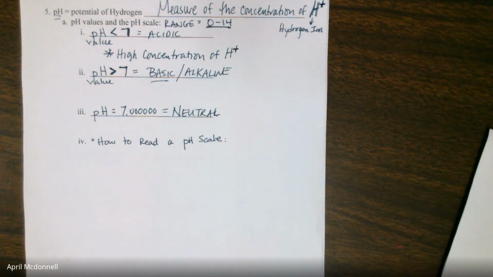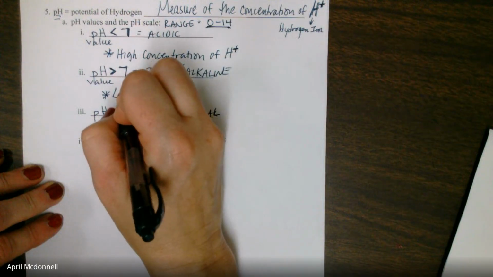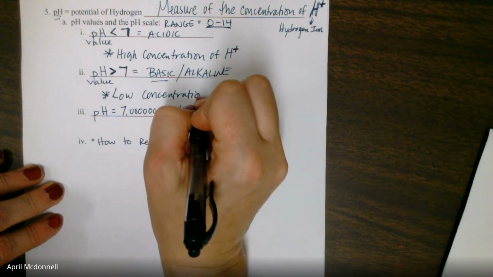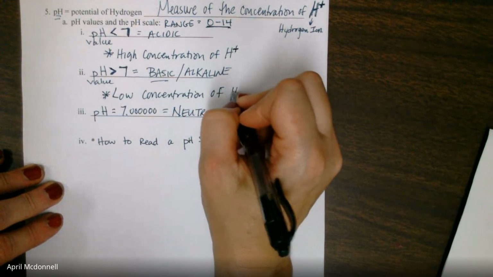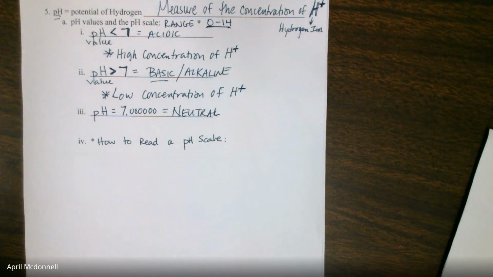Any sort of solution or substance that has a very high amount or concentration of hydrogen ions will be considered an acidic substance. Basic substances have a low concentration of hydrogen ions. So they do not have very many hydrogen ions at all.